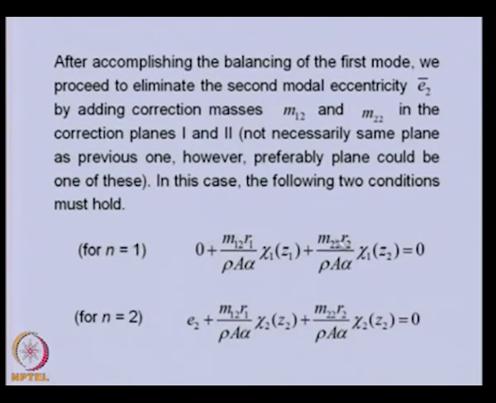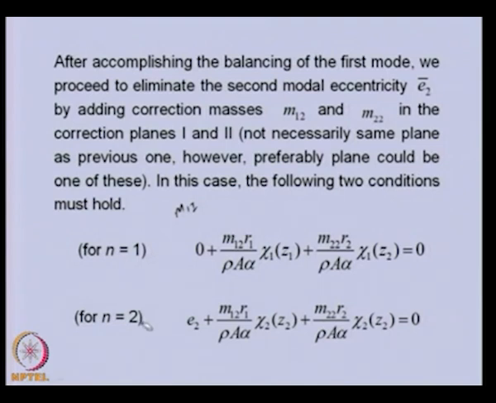So, when we keep these two masses, we must ensure they do not disturb E1, because we already balanced E1 by the previous mass M1. So, this condition will ensure that whatever the choice of these two masses M12 and M22, the first mode is not disturbed, it is balanced.